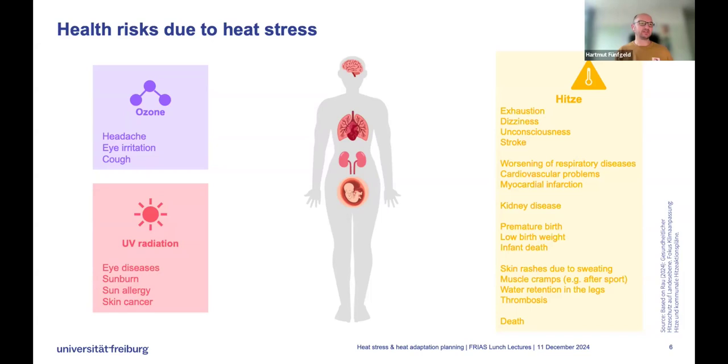This combination is really very dangerous and can lead to death. Without going into a lot more physiological detail here, probably some of you have experienced at least some of these heat-related stress symptoms before, hopefully not any of the more serious ones.